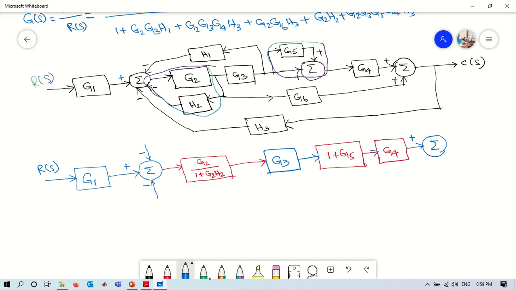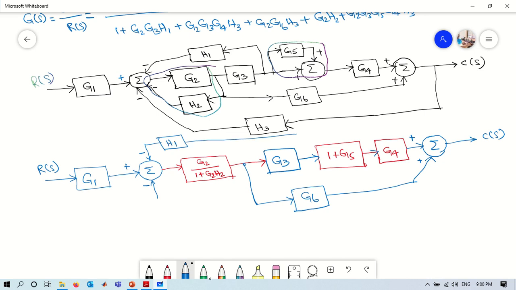So here I have the branching point, G6, C of S, and here I have the feedback H1 branching from here, and H3 from this path.